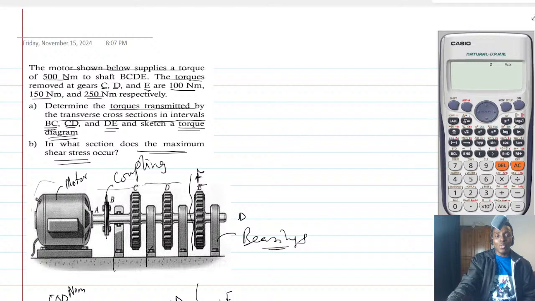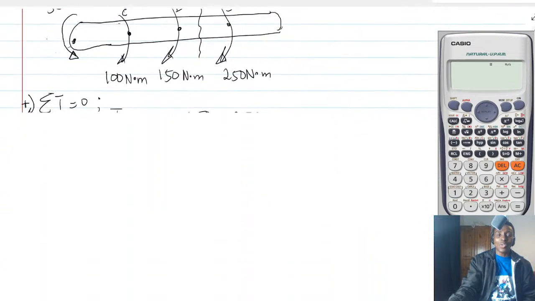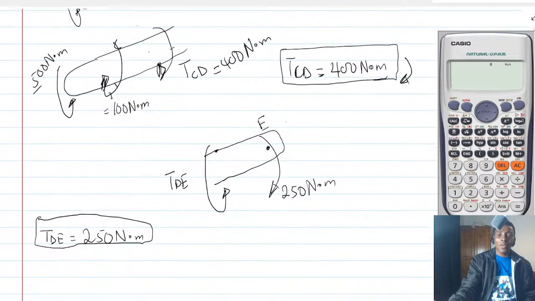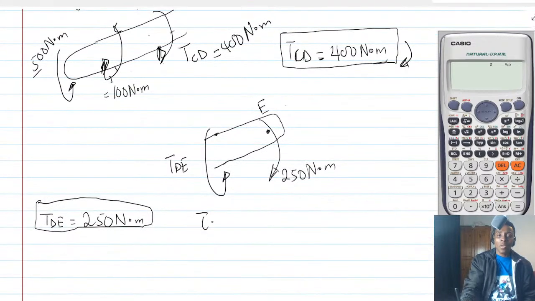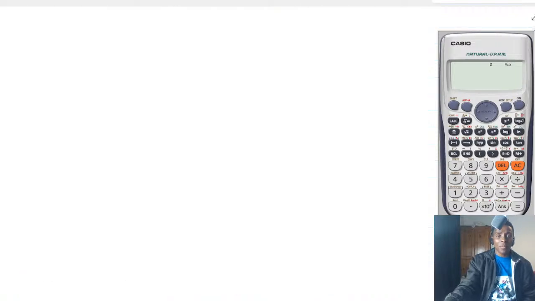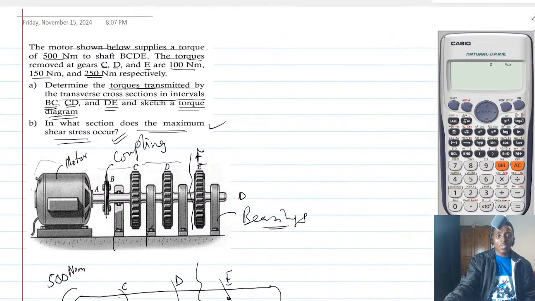But that is how you solve questions like this. Now it says that in what section does the maximum shear stress occur? So how do you calculate the shear stress? In fact, the shear stress will actually be the torque times the radius divided by the polar moment of inertia, which is G. But in this problem, it was not given.